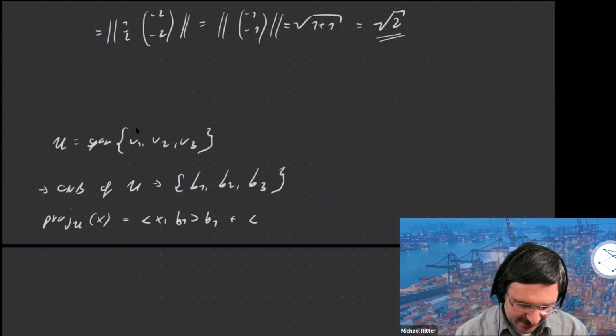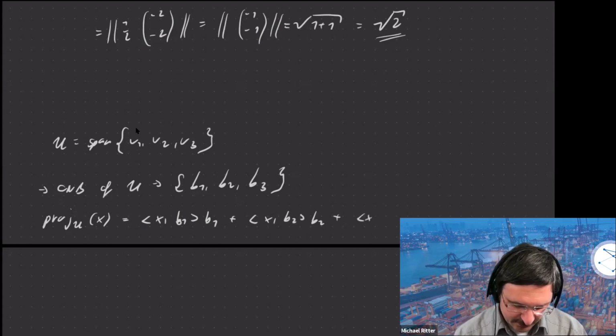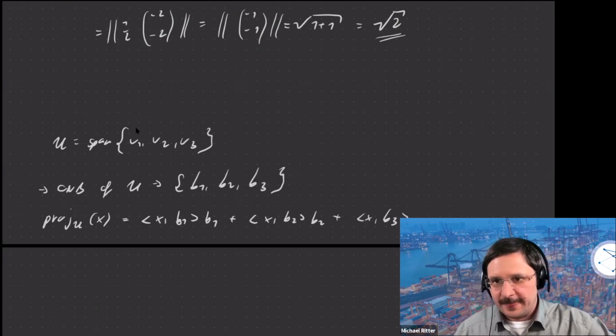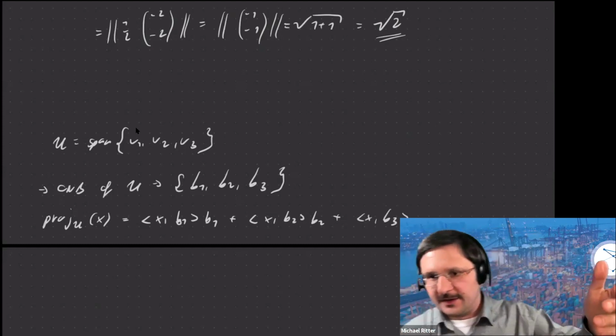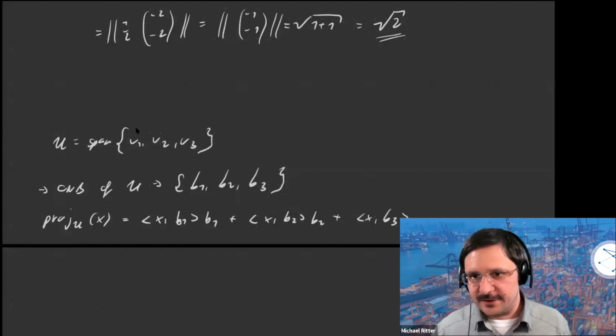And then you would just add the other components. So the idea is basically to decompose x into components parallel to B1, B2, B3, and a third component that would be orthogonal to each of those.